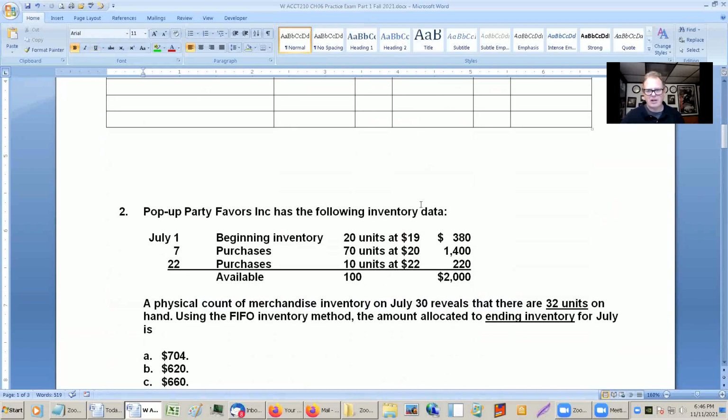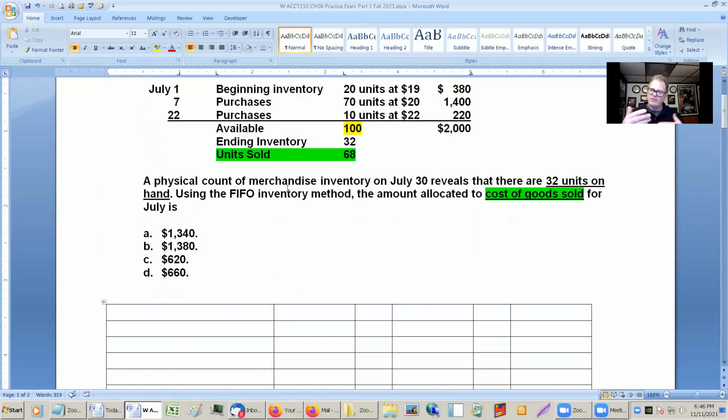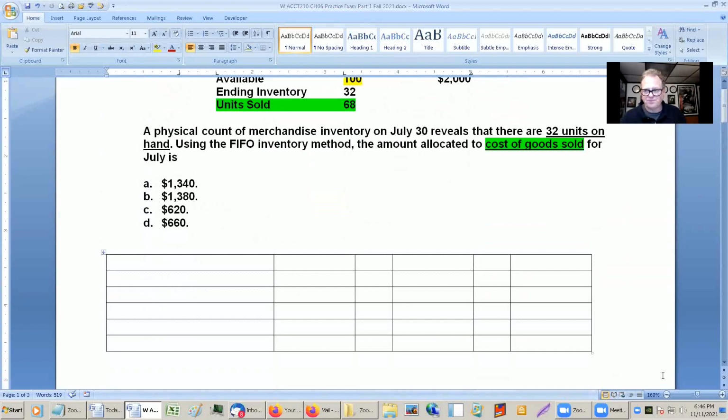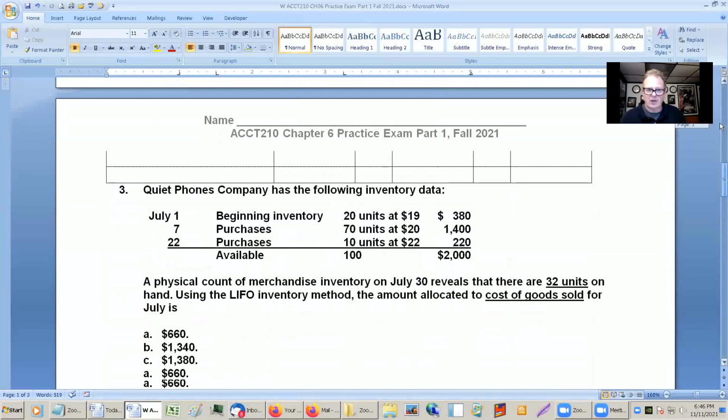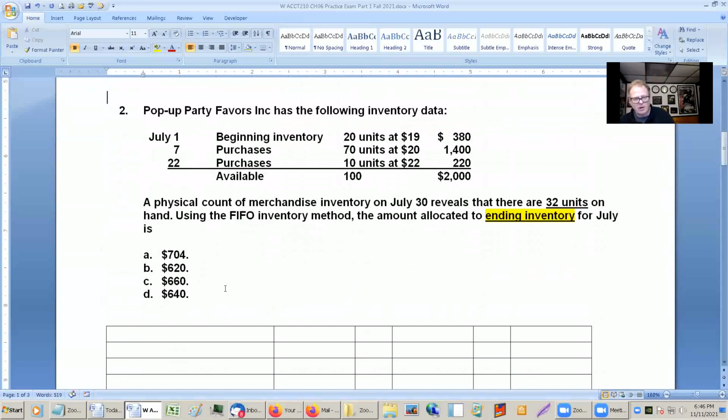Exactly the same data down here, but for the ending inventory. So 1 and 2 go together. They're both FIFO. One's cost of goods sold, one's ending inventory. 3 and 4 are messed up because I was goofing around up here.